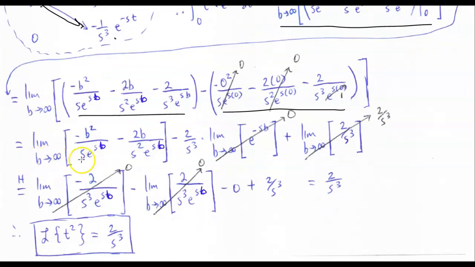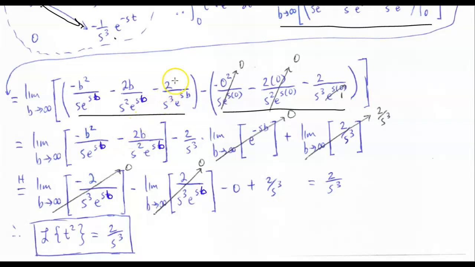Come to this next row here. For these first 2, since we have b's in the numerator and the denominator, we'll end up having to do L'Hopital's rule to be able to evaluate the limits.